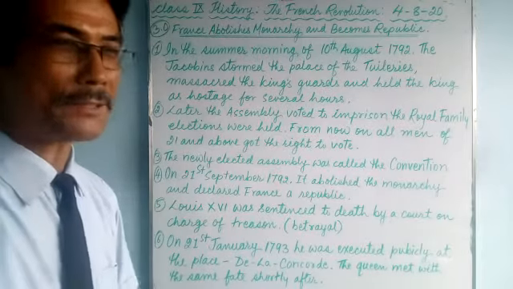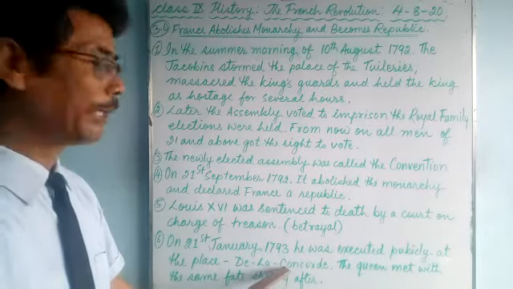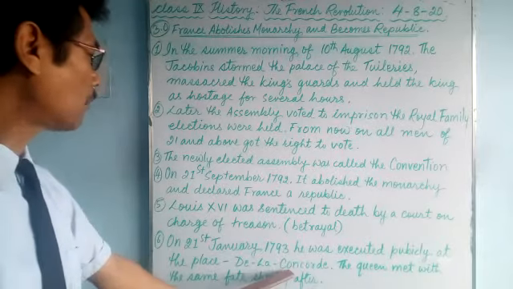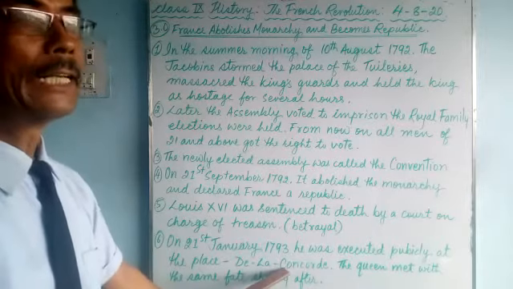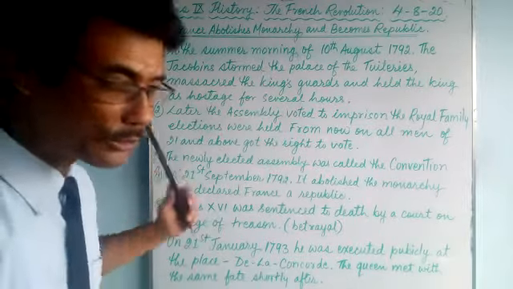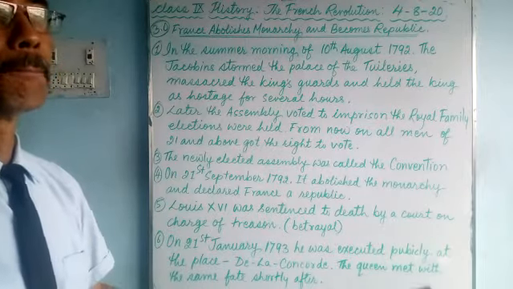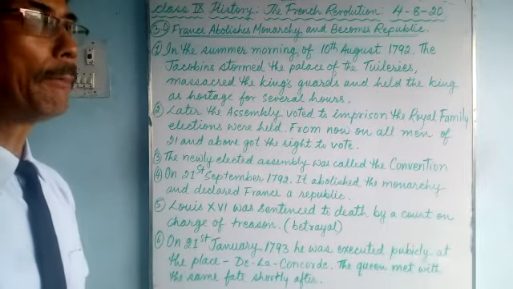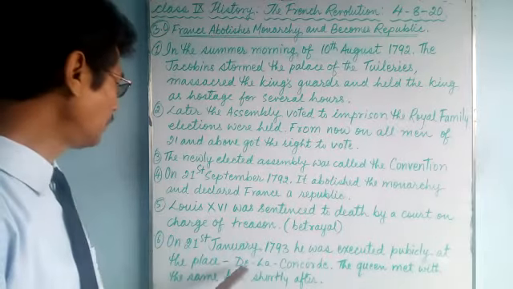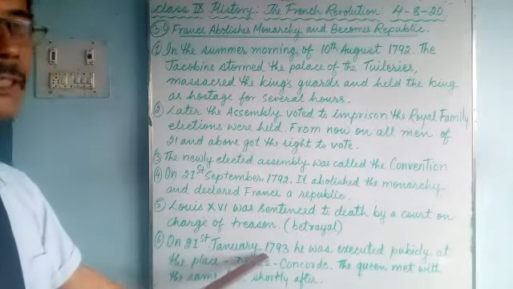The name of the place is De la Concorde, a French name of a place. Here the king was brought and executed. His head was cut off publicly, in front of all the people, on 21st January 1793.